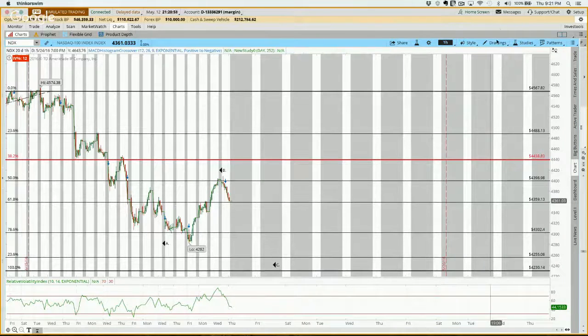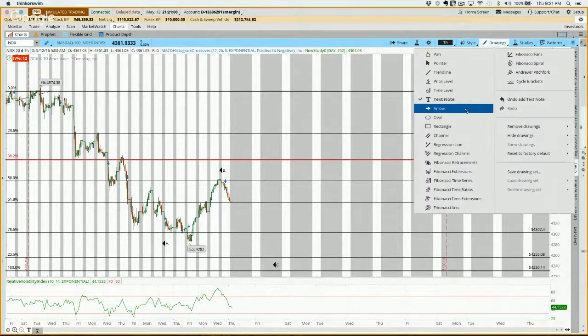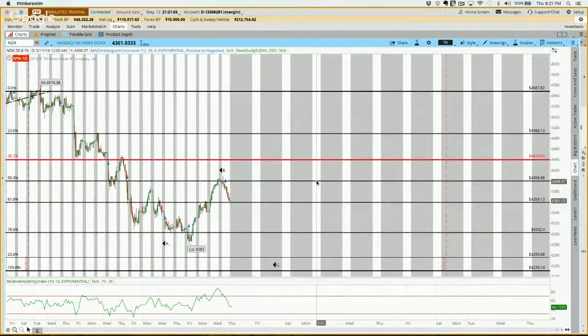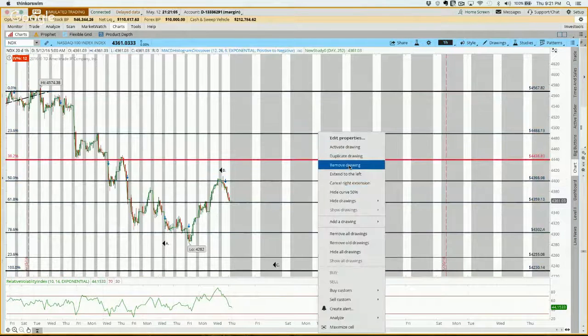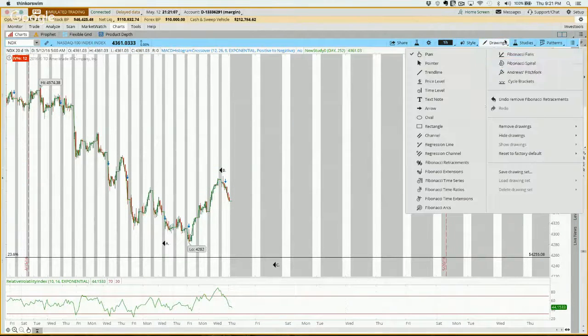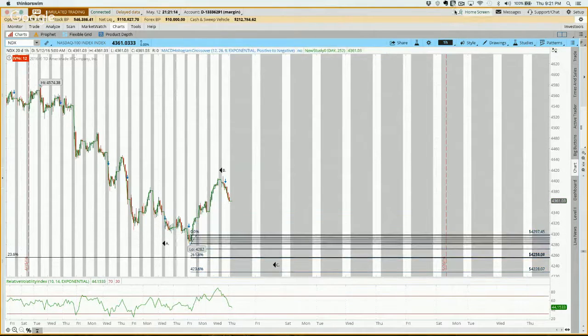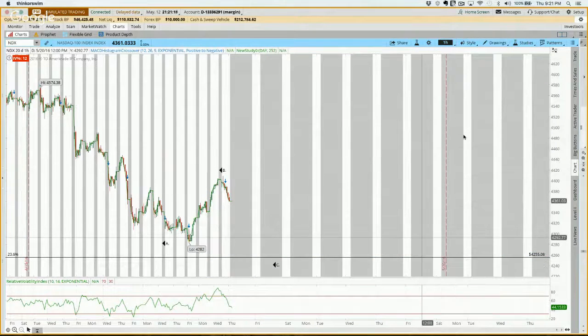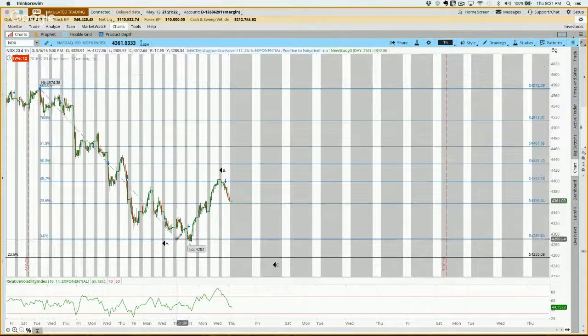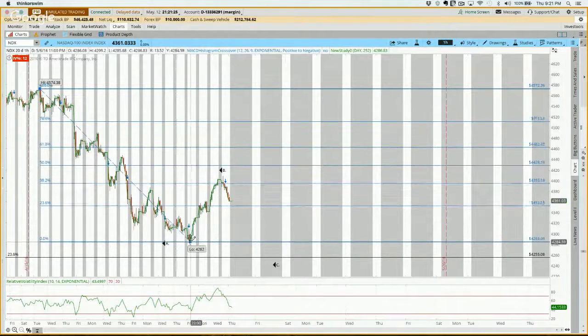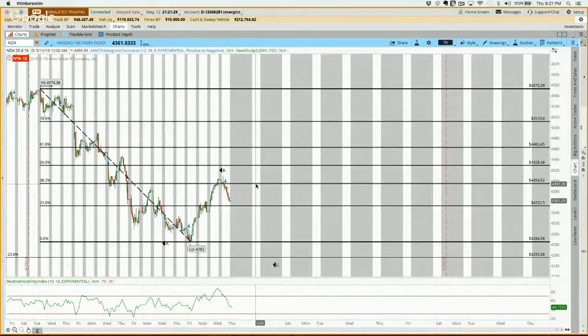So to get B, okay, I'll be drawing a fib retracement from the highest point to the lowest point. In between, I'm getting 38.2. So 38.2 will be a ratio I'm looking at.